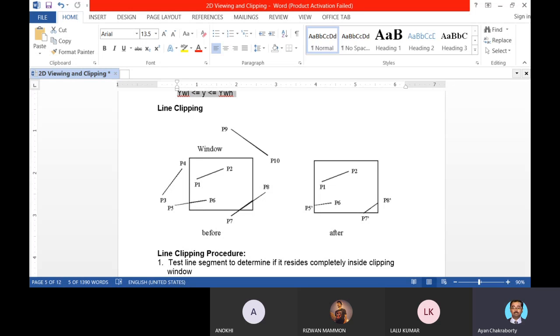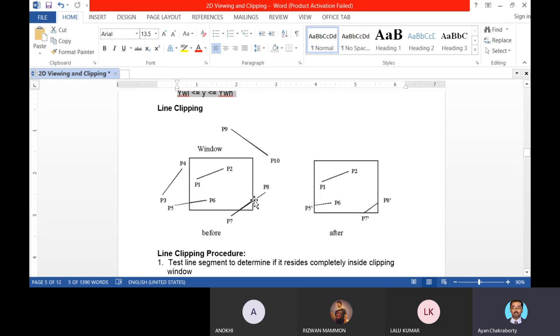So according to this coordinate and the coordinates of the P7 and P8 points, we can easily find out that this straight line has two intersection points with this window frame. One is here and another is here.